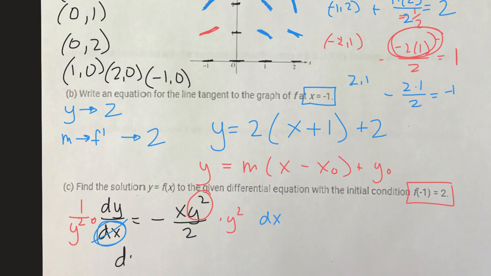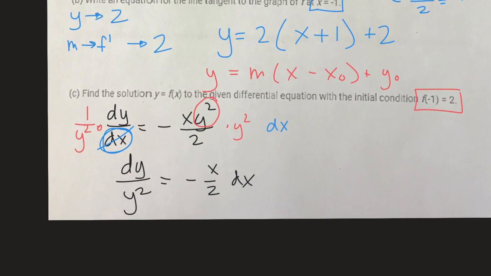Okay, so we have dy over y squared equals negative x over 2 dx. Okay, separation of variables. The dx comes over here, and the y will go over there. So we're dividing both. Negative 1/2, negative stays over here on this side.